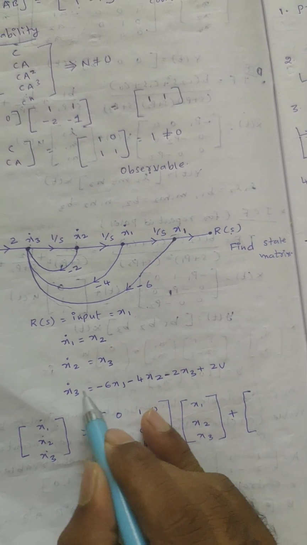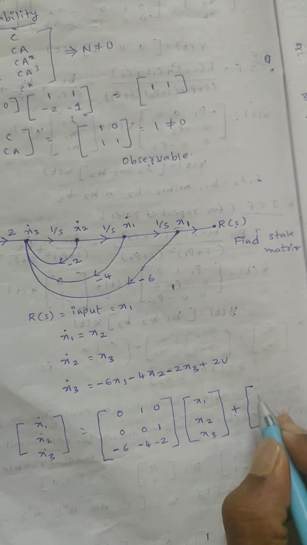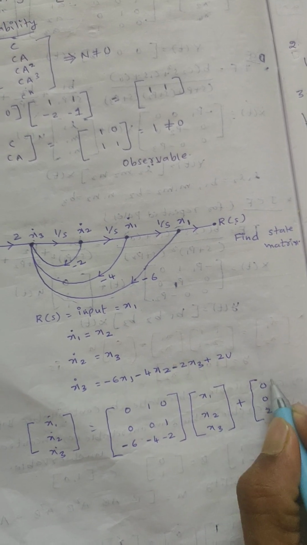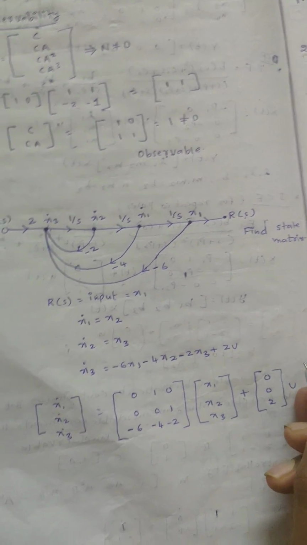The u term has only x3 dot, so x1 value is 0, x2 value is 0, and b value is 2, into u.